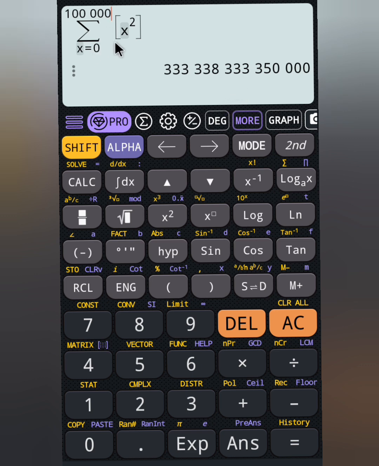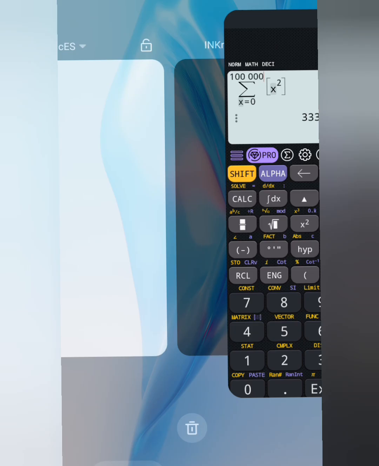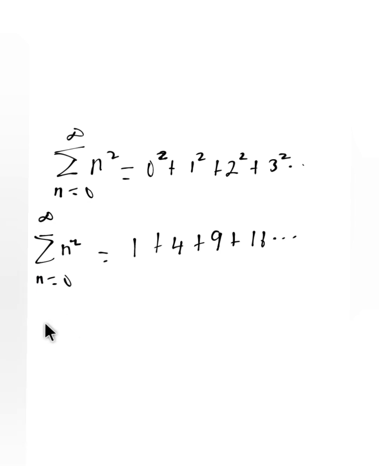But this very one is getting bigger, tending towards infinity. Hence, it is said to be divergent. So the summation as n tends to infinity of n squared is equal to infinity. It's getting bigger. Hence, it diverges.